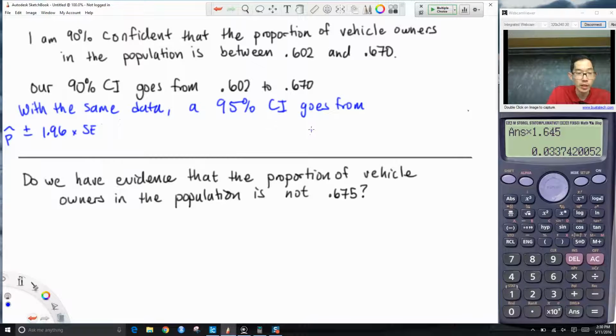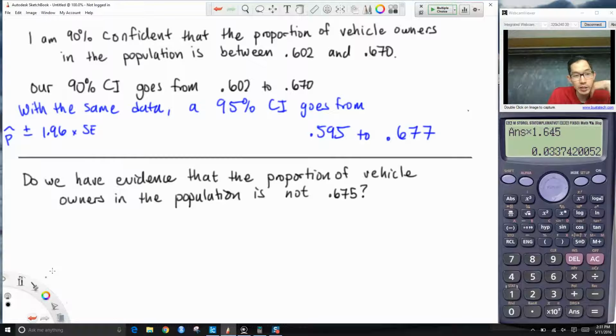That would go from 0.595 to 0.677. So our 95% confidence interval goes from 0.595 to 0.677.